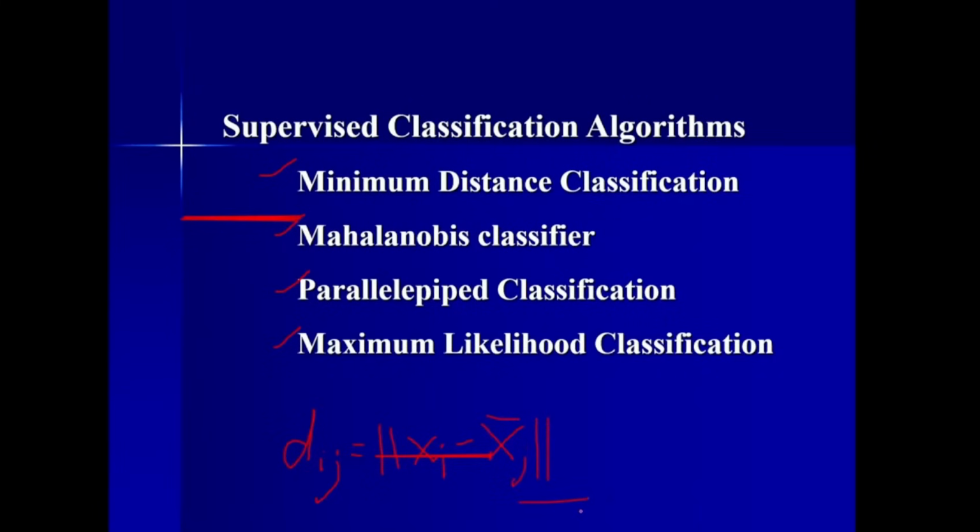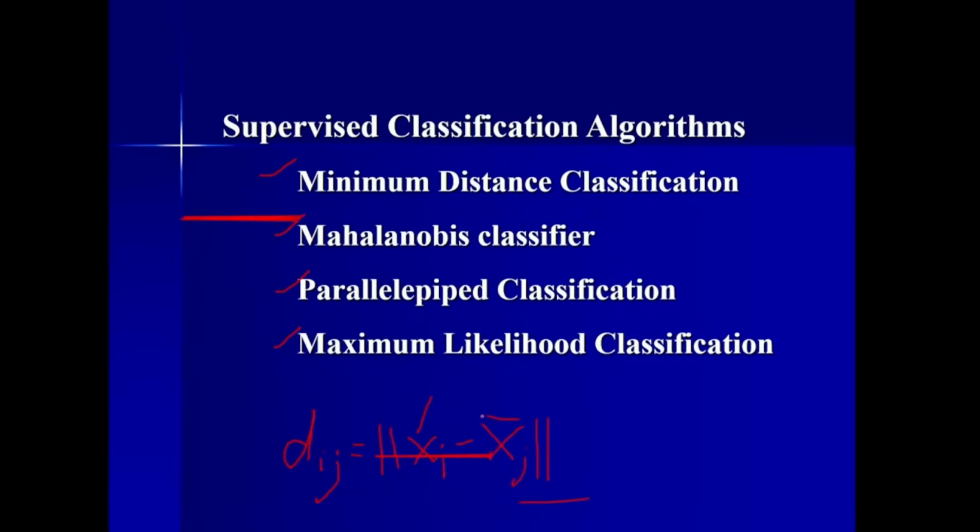Now in the supervised case, x_i is an unknown pixel. It is starting with the first pixel in the image and going through all the pixels of the image, and x_j bar is the mean of a particular class. It can be for water body, it can be for agriculture, because we have the ground truth. So we can say the label, that means x bar 1 belongs to class water, x bar 2 belongs to class agriculture, like that.